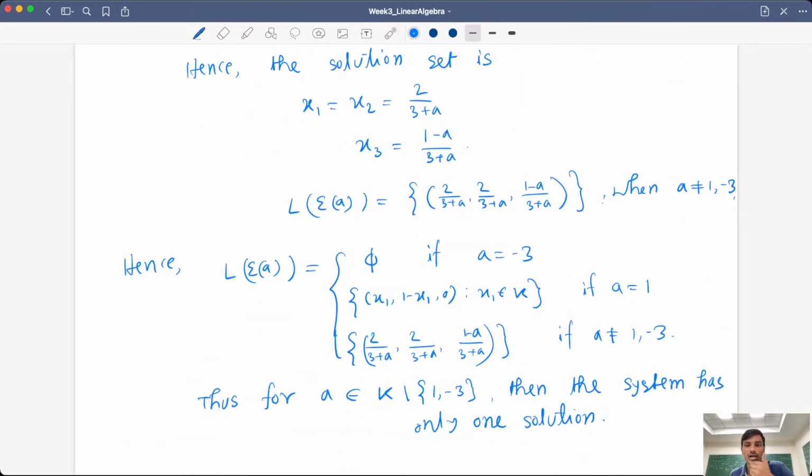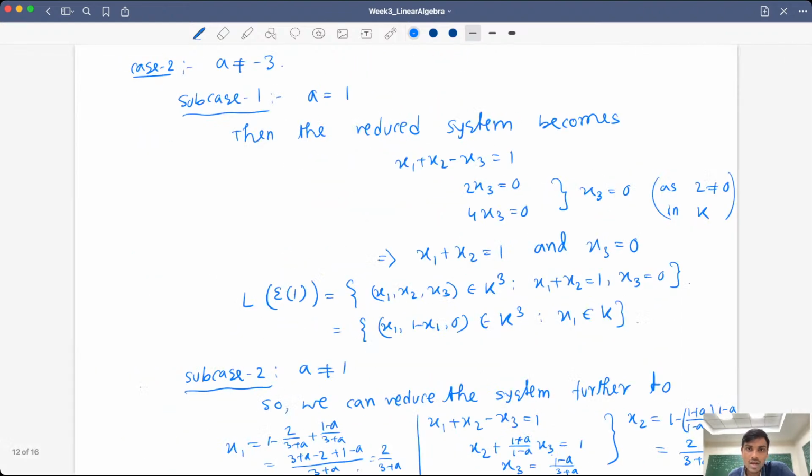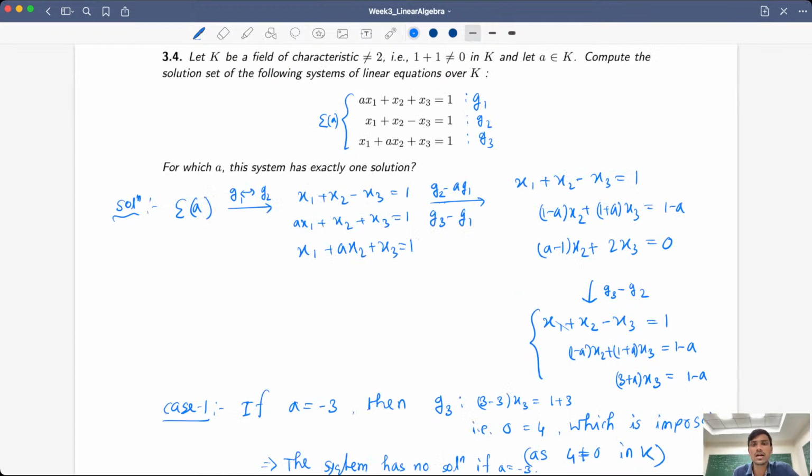Okay, this is already time. So yes sir, in the matrix form also we can do this, no? In matrix form, you can write this as Ax = b, where A is just your matrix, 1 1 1, 1 -1 1, a 1 1, and your b is just 1 1 1.